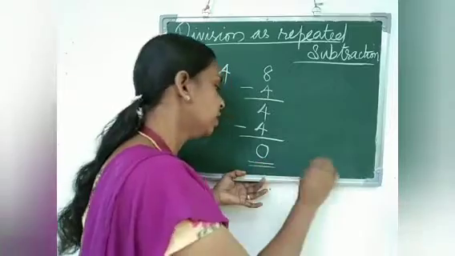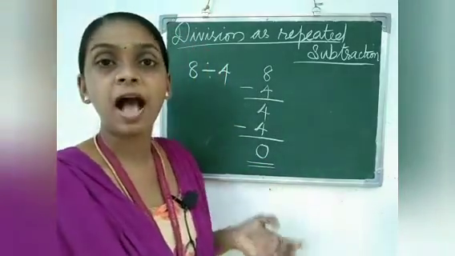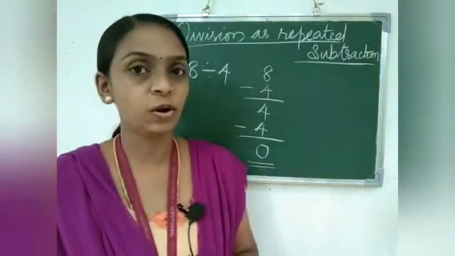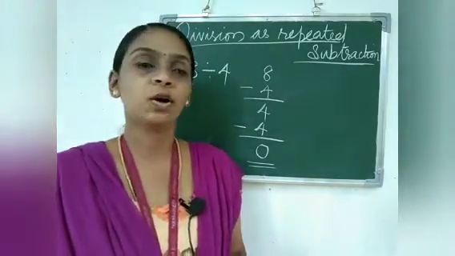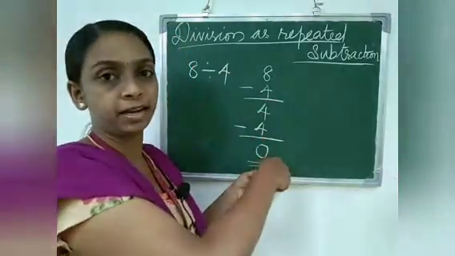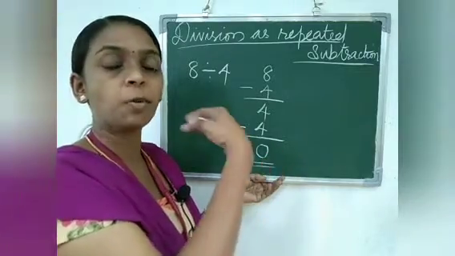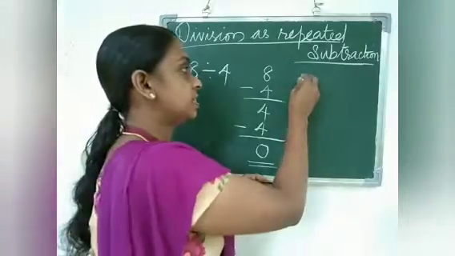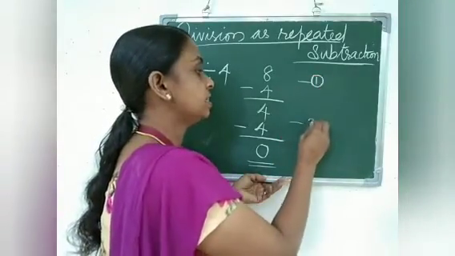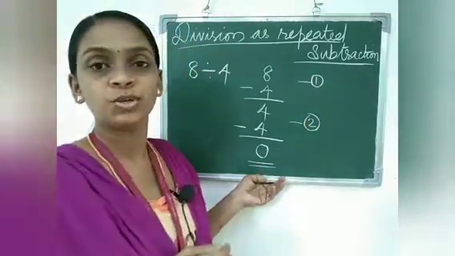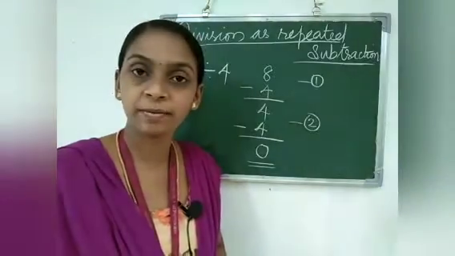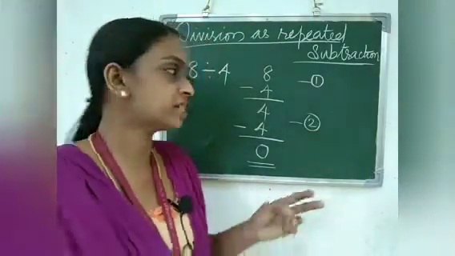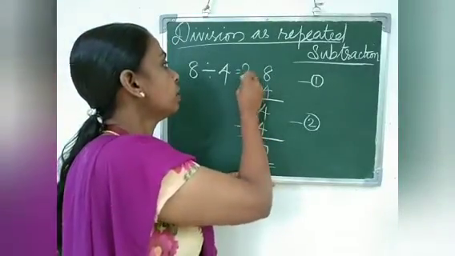So we got 0. What I told you: we have to subtract until we get 0. So how many steps are here? Until we get 0, how many steps did we take? This is step number 1 and this is step number 2. So what is the answer? 8 divided by 4 is 2.